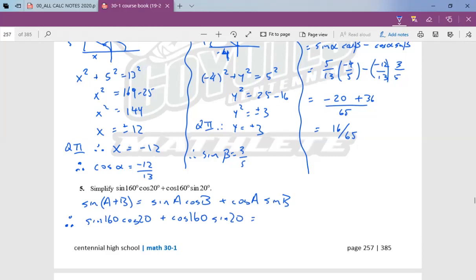And so this fits this formula, and so this ends up being sine of 160 plus 20. Add that together, simplify. This is sine of 180 degrees, which is 0.